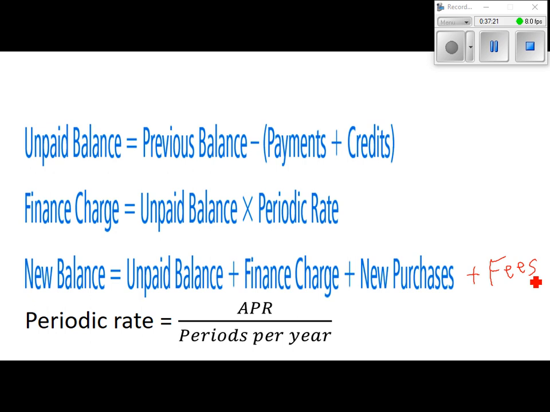So a lot of times those fees will have to be added in. They'll give you whatever the fee is. A lot of times now the fee is, if you want your bill sent to you through the mail, they'll charge you a paper fee.